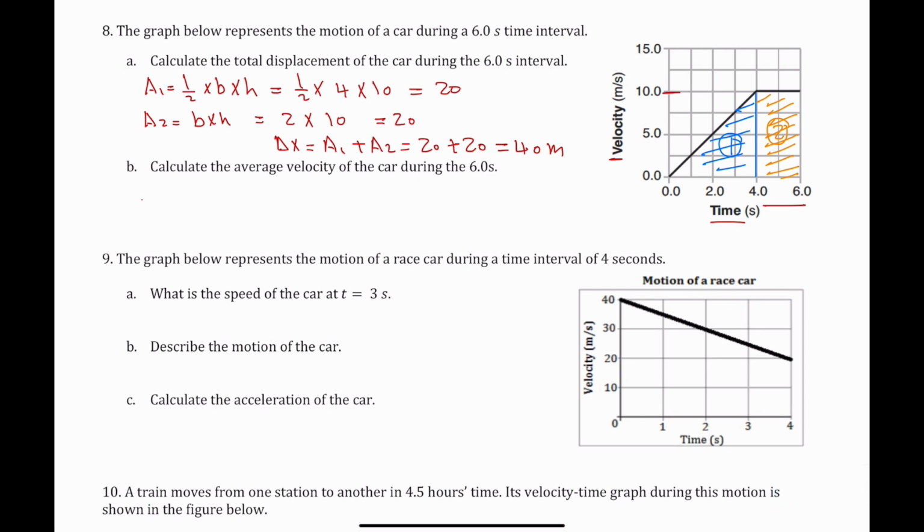The average velocity, v average, equals the change in displacement over the change in time. Equals, change in displacement is 40 over the total time, which is 6. So the answer will be 20 over 3. So it's 6.67 meters per second.